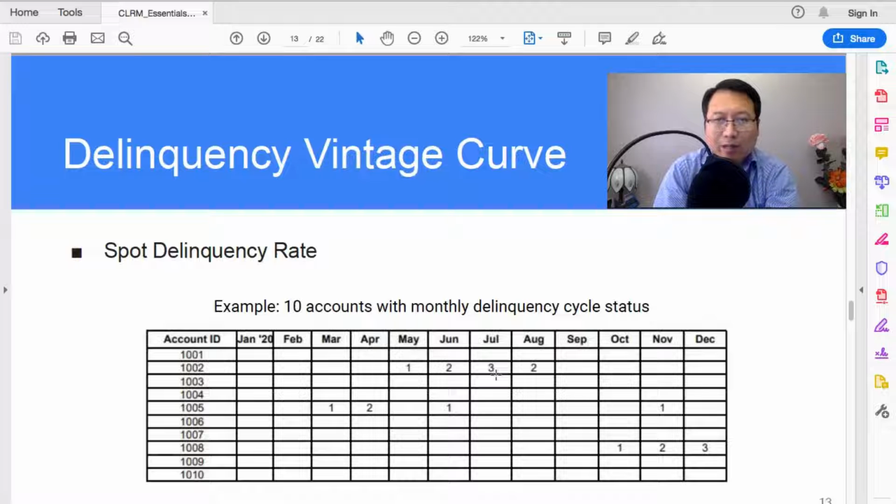July, 30-day plus. August, 30-day plus. Then for account 1005, March is within 30 days. April is 30 plus. June is within 30 days. November within 30 days. For account 1008, only November and December are considered 30 plus, beyond 30 days.